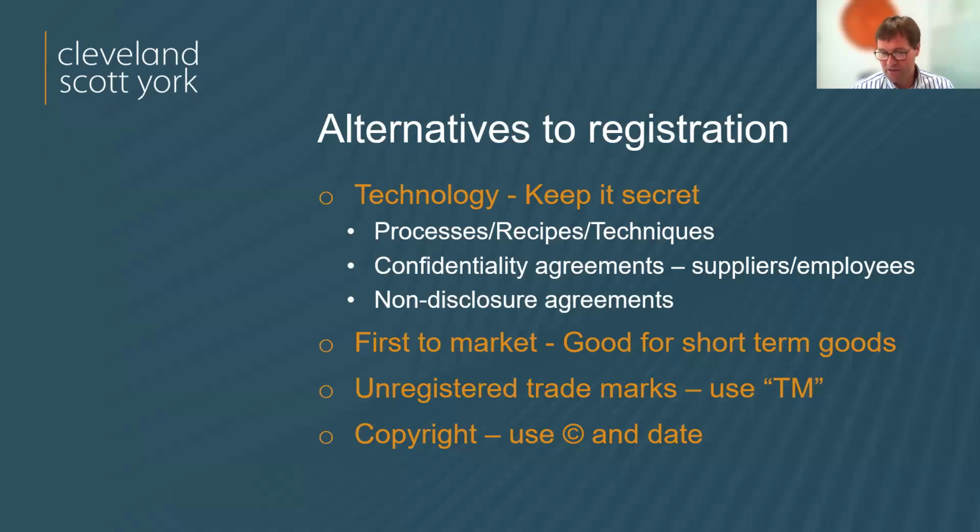Again, unregistered trademarks, you can use trademarks if you label them with that TM. You mustn't use the R, the registered trademark logo, but you can label with TM, and that just says to the world, I'm claiming this is my trademark, this is me, and I don't want anyone else to use it, and I will pursue you if you do use it. And it gives you a little bit of an extra step in demonstrating that this is a trademark that's associated with your company, not just some name that anyone can use.